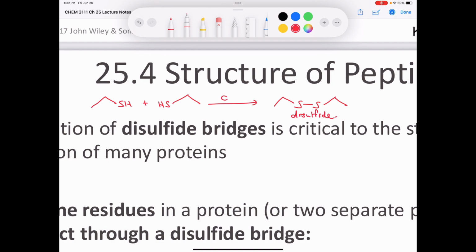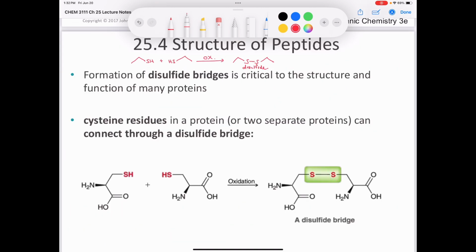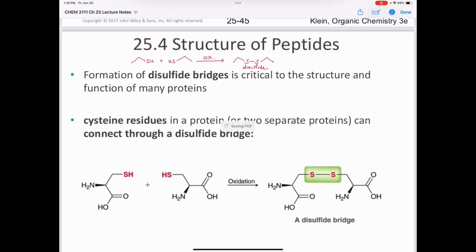This is an oxidation process, because the sulfurs are losing hydrogen atoms. So again, joining two thiols to make a disulfide is an oxidation process. And of all the 20 amino acids found in proteins, only cysteine contains a thiol group, and as such, cysteine residues are uniquely capable of being joined to one another via disulfide bridges.